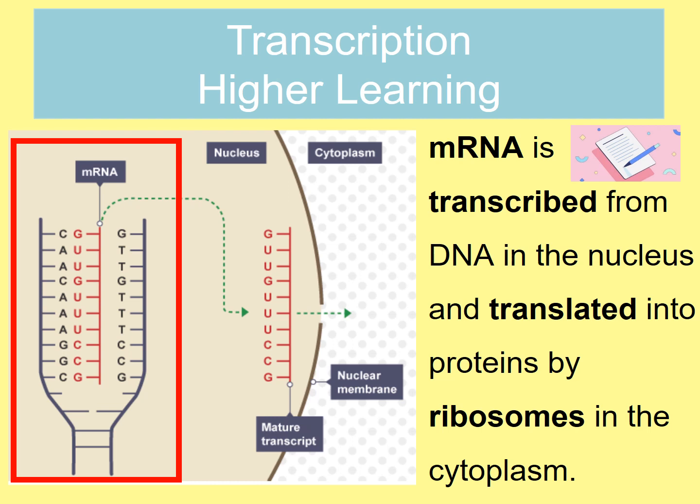A molecule of mRNA, messenger RNA, is formed or transcribed from the appropriate section of the DNA strand, and it carries this information out to the ribosome. So think of the M for messenger. That messenger RNA is carrying that information from the nucleus to the ribosome. It's at the ribosome where the mRNA meets that other RNA called transfer RNA, where we see that genetic information being translated into a protein.